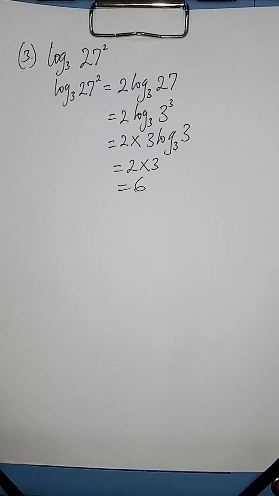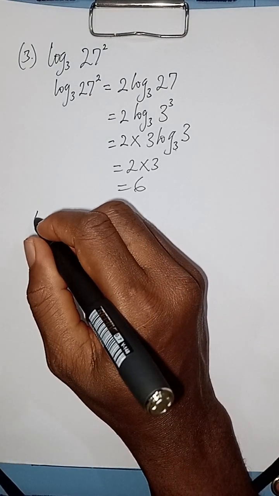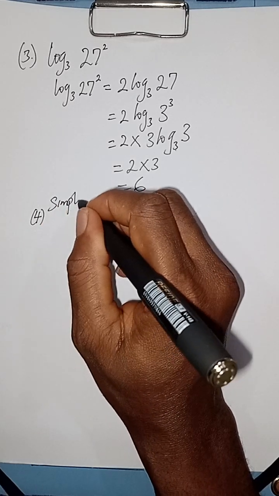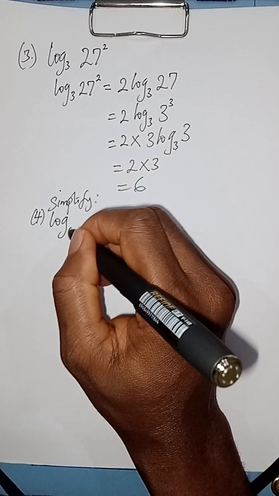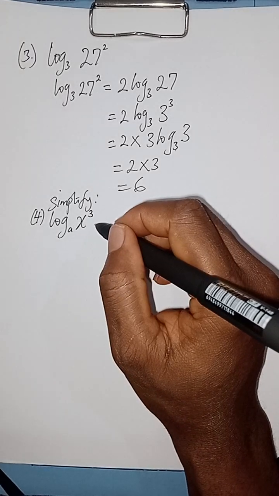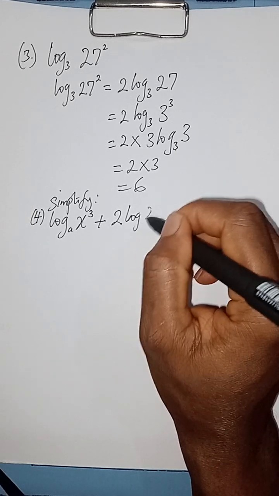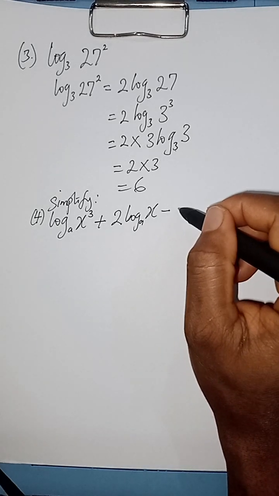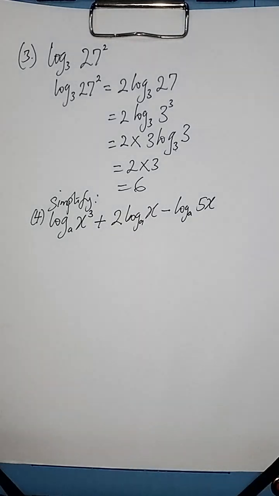Let's look at another one. To simplify this expression, number 4. Simplify: log x raised to power 3, the base is a, plus 2 log x, the base is a, minus log 5x, and the base is a.